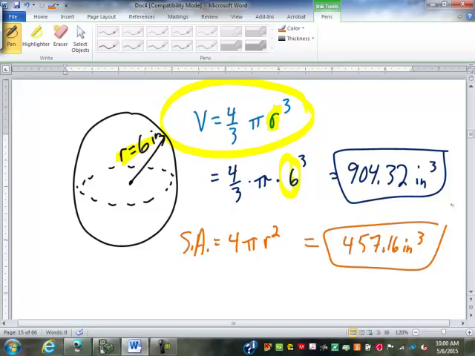So 6 caret 2, or you might have an x squared key on your calculator. So 452.16. 457.16, shouldn't it be? Let me double check. I might be wrong. Oh, you're right, 452. I don't know why I put 457.